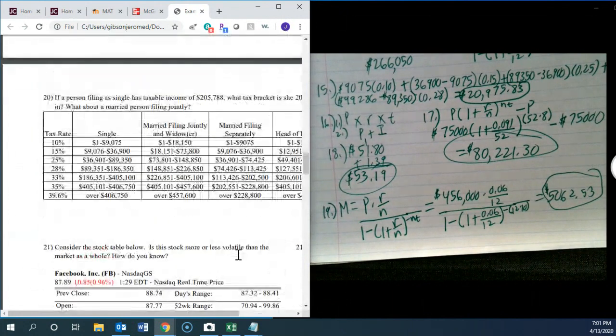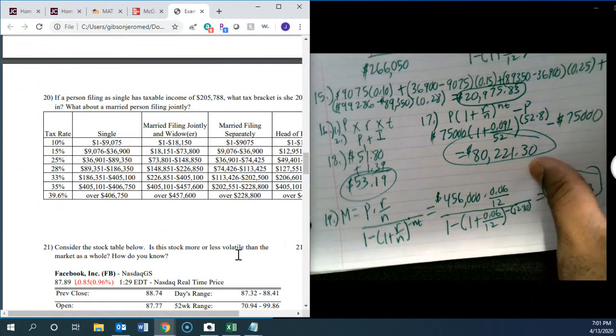Now for 20, let's take a look here. All right, let me get a fresh page here.